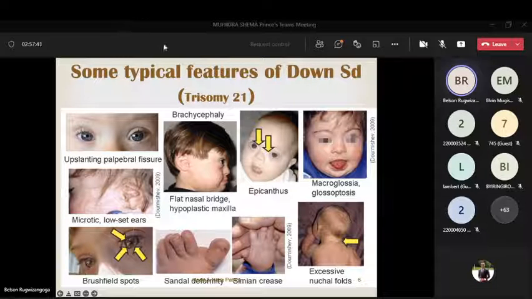Some children will manifest this at birth or soon after birth. Others will just manifest this after many years. So penetrance means the degree by which someone with a genetic defect will manifest clinical signs or manifestations of such a genetic issue.